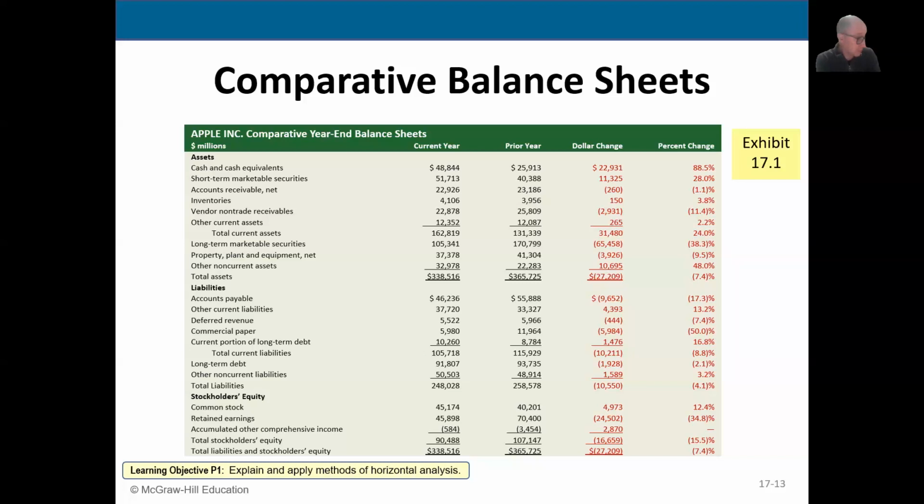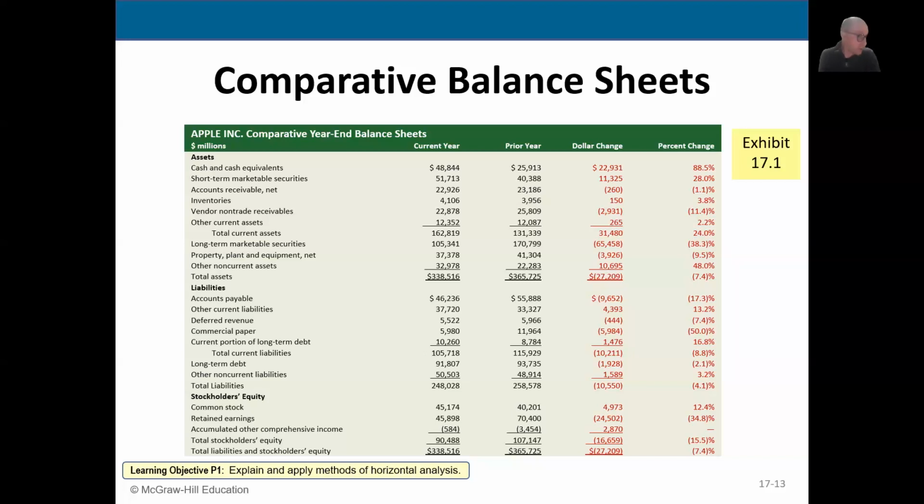So, interesting. Just based off looking at that single line item on the balance sheet, it tells me that total assets decreased by 7.4% from the prior year.